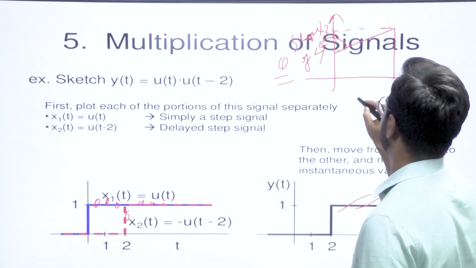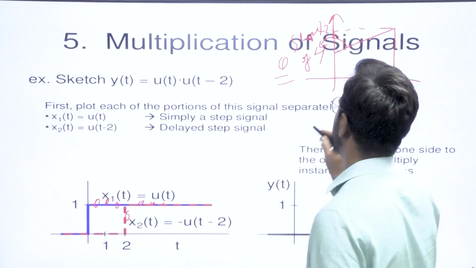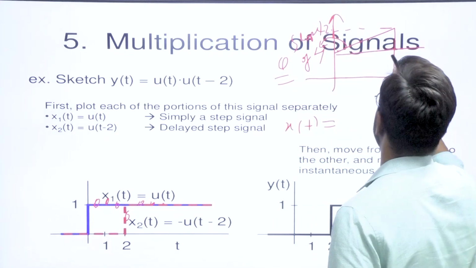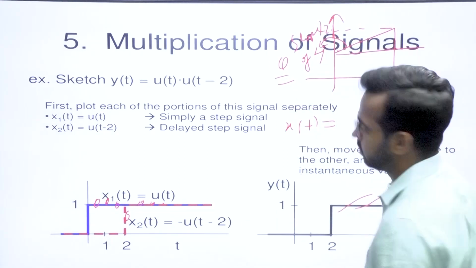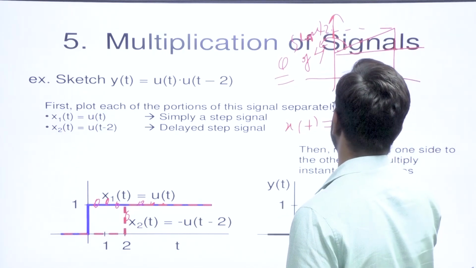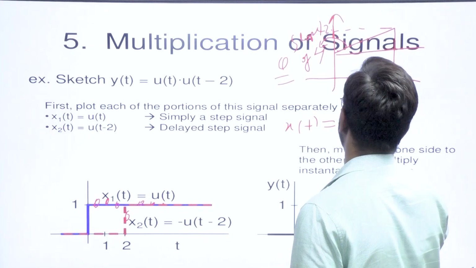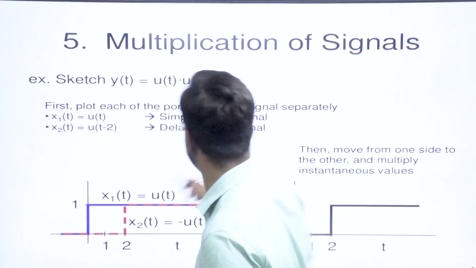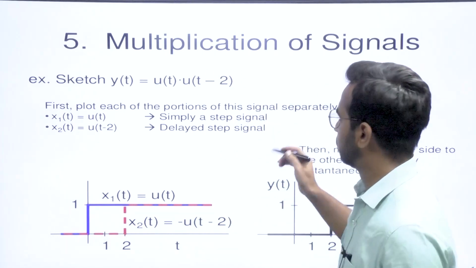If someone asks you to write this signal in mathematical form, how can we write it? Basically there is one unit step signal, suppose this time is 2. First we will write a ut signal. Okay, leave it.